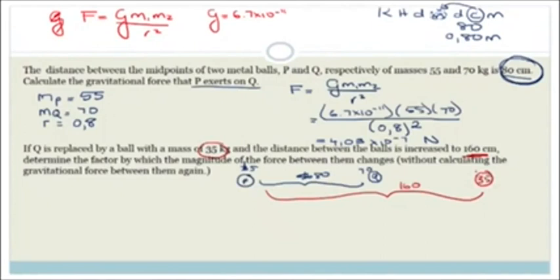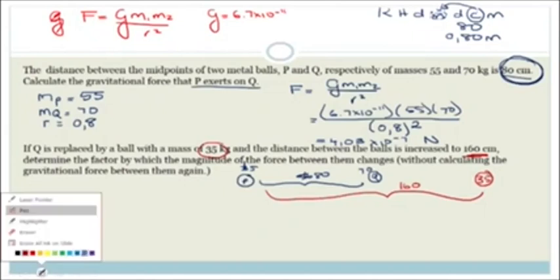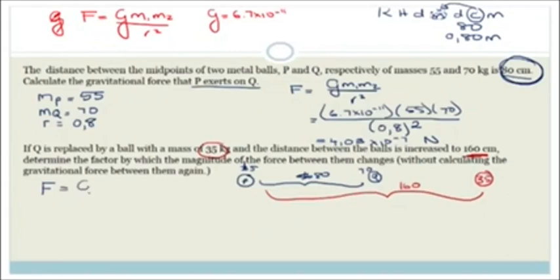Okay, and it says, determine the factor by which the magnitude of the force between them changes without calculating the gravitational force between them. Okay. So let's have a look at this. First of all, do you agree the general formula for this is F is equal to G m1 m2 over r squared?